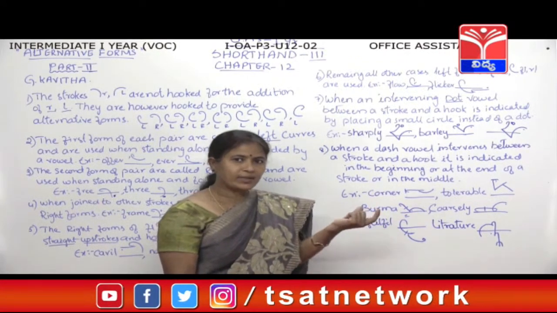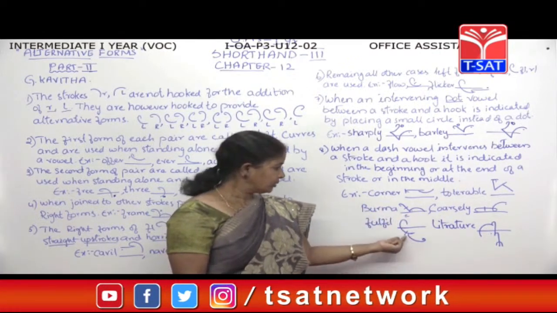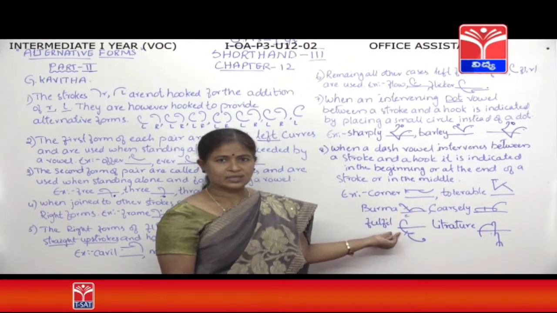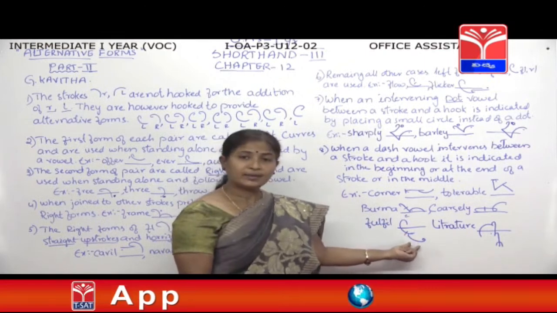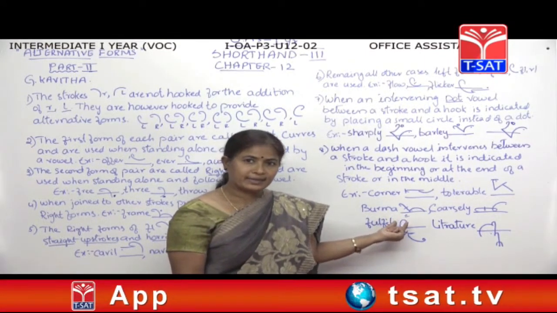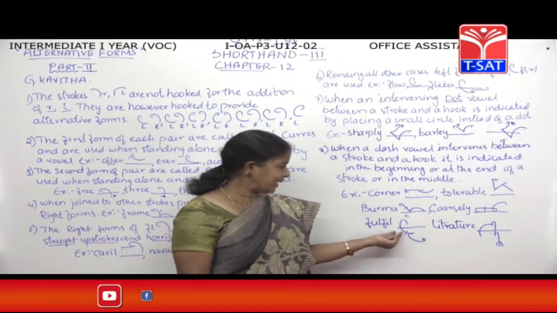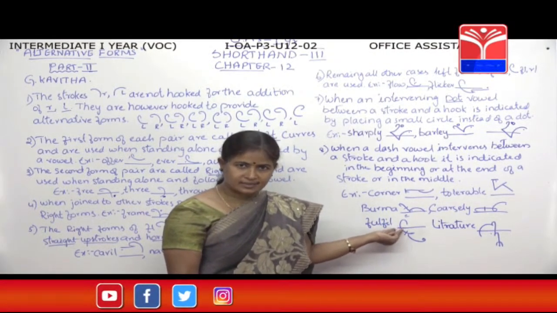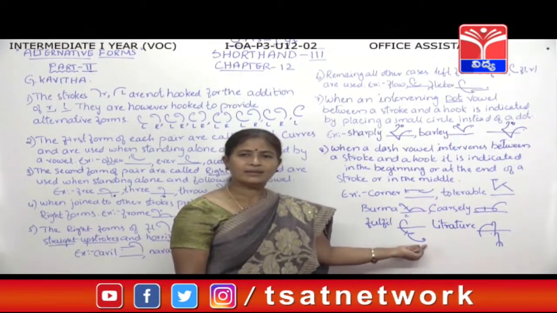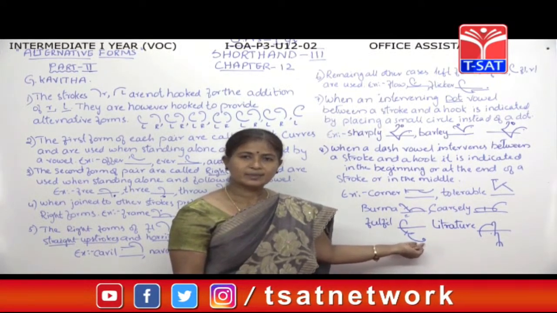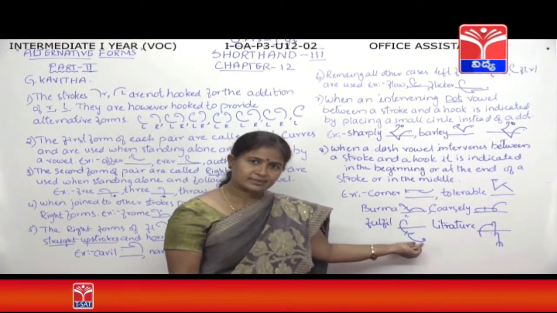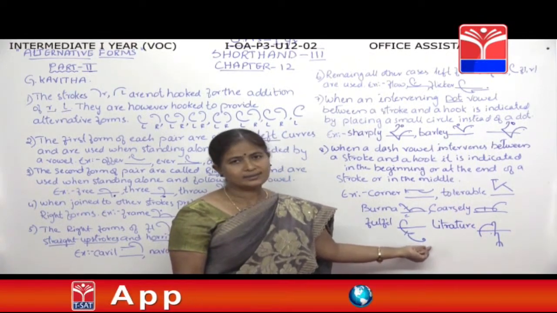Full, because it's coming in between full, F and L. So in the third place, we intersect this dash vowel. Okay, again fill. Full here, we are getting dash vowel, and fill, we are getting a dot vowel. So for dash vowel, we intersect a dash vowel here, and fill, dot vowel, F and E, third place vowel is coming. So we place this dot small circle in the third place.